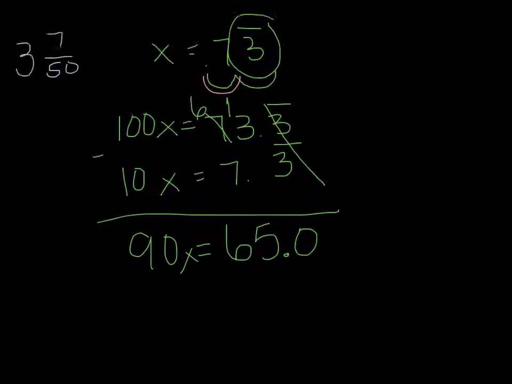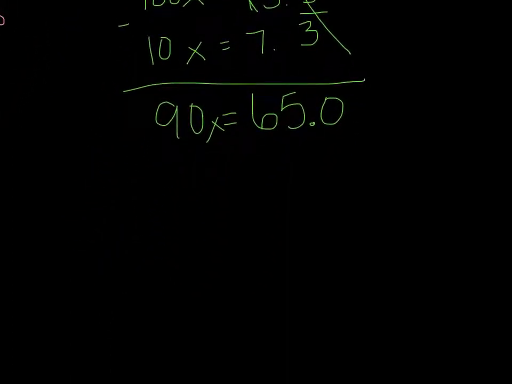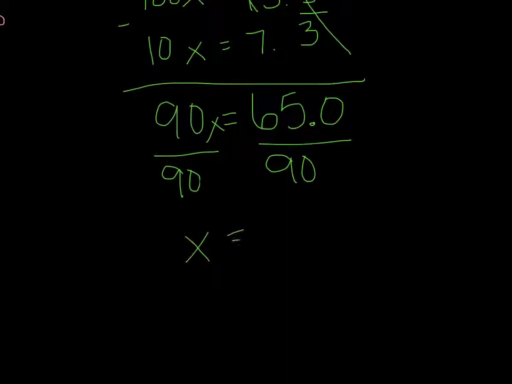Now I need to divide by 90 on both sides. Or, I'm sorry, not 90x, just 90, because I want x by itself. So I'm going to have x is equal to 65 over 90.